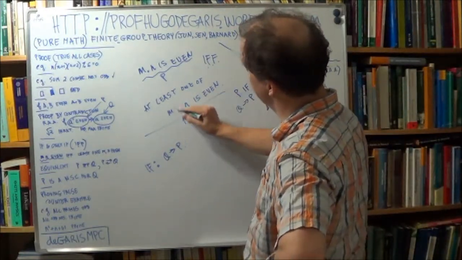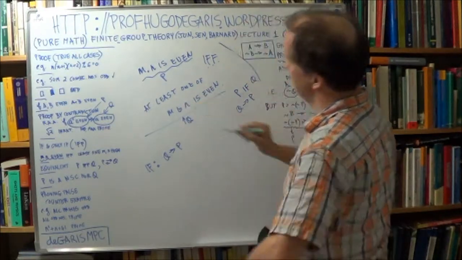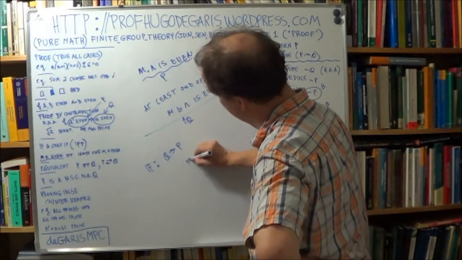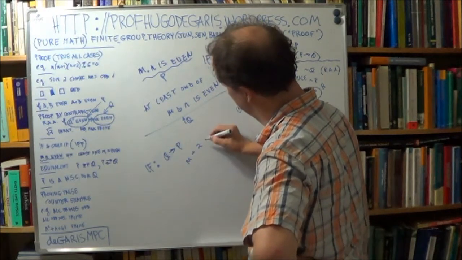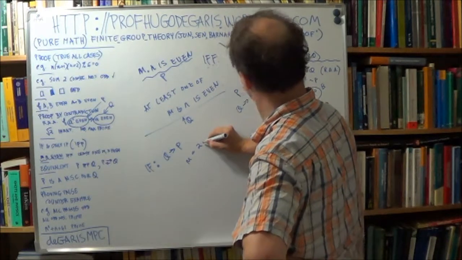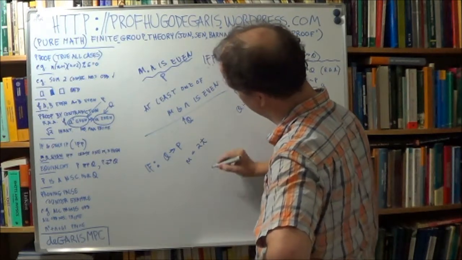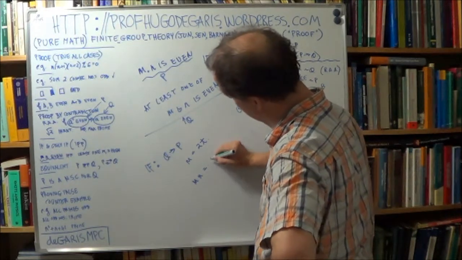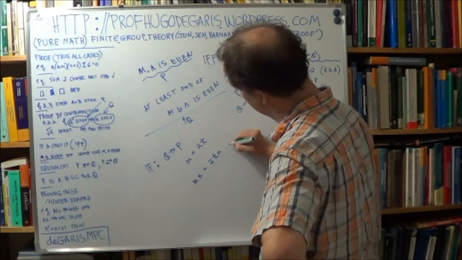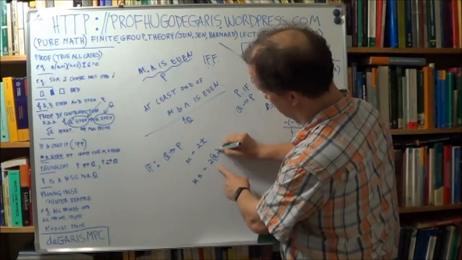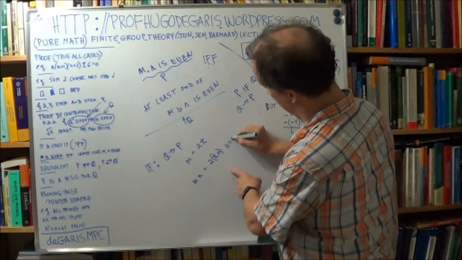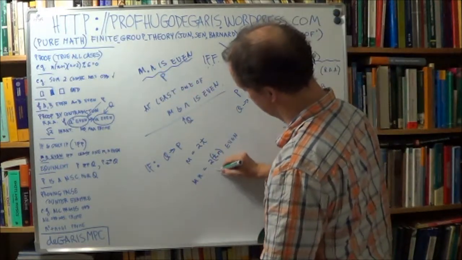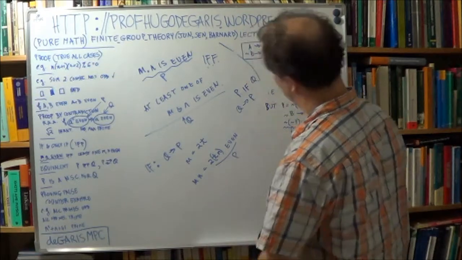So at least one of them is even. So let's say it's m. So m will be of the form 2t, let's say, right? So mn then is of the form 2tn. That's even, right? That's an even number, which is P. So we proved that, right?